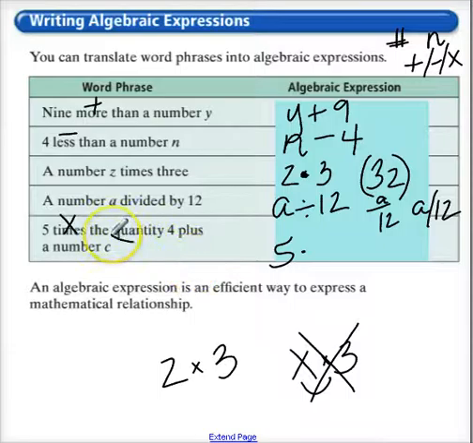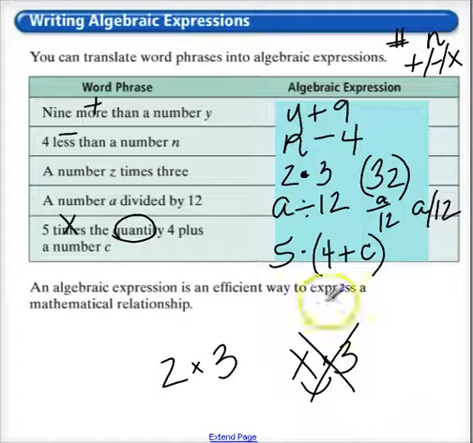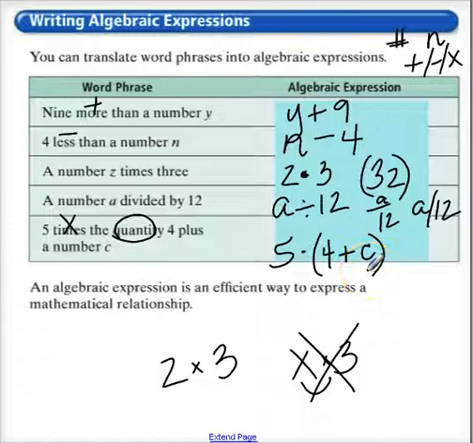When you see the word quantity, you should know that two things are going to follow. Quantity of. That tells me I need to use parentheses because there's going to be something happening inside. 4 plus a number c. 4 plus c. 5 times whatever the quantity is when you add 4 plus c.